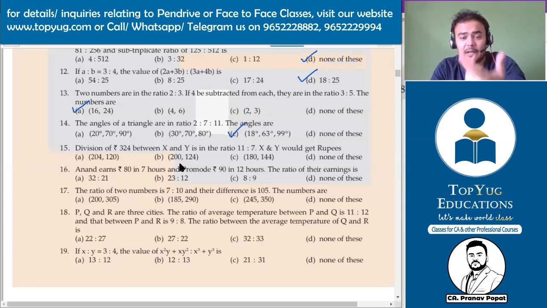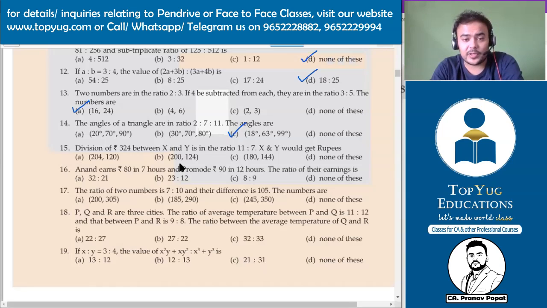Question number 15 by option. You need to divide 324, and that 324 should be in the ratio of 11:7.